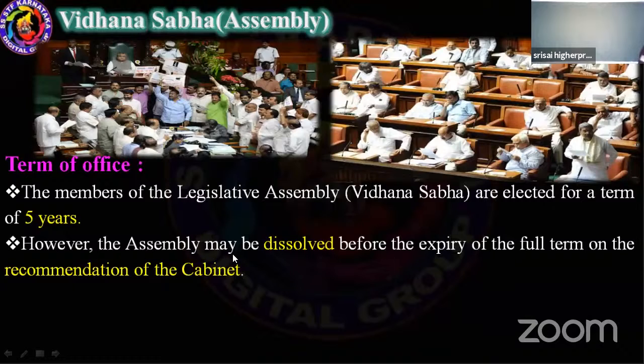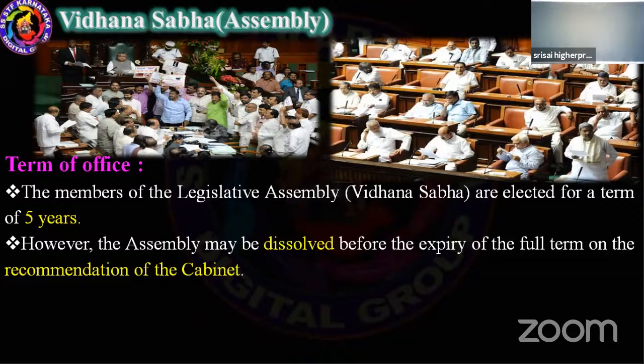However, the assembly may be dissolved before the expiry of the full term on the recommendation of the cabinet. Within the completion of those 5 years, the cabinet ministers or the assembly may issue a request and send it to the governor to dissolve.